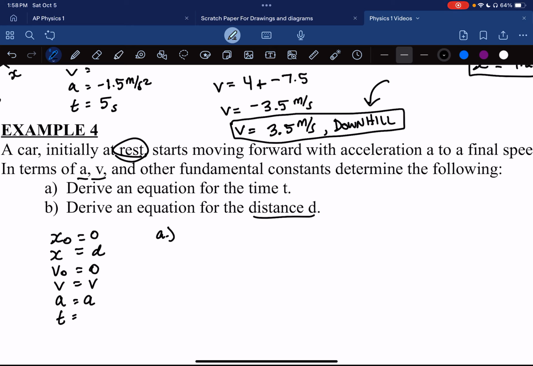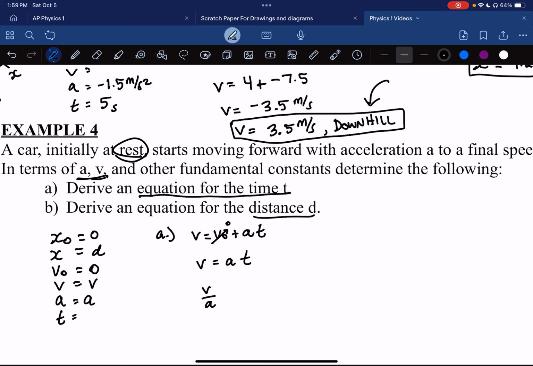Okay. The simplest equation for t, for time, is this one. V naught is 0. And we want an equation for t in terms of a and v. So we want to just isolate t because we already have a and v left in the equation. So let's just isolate t.